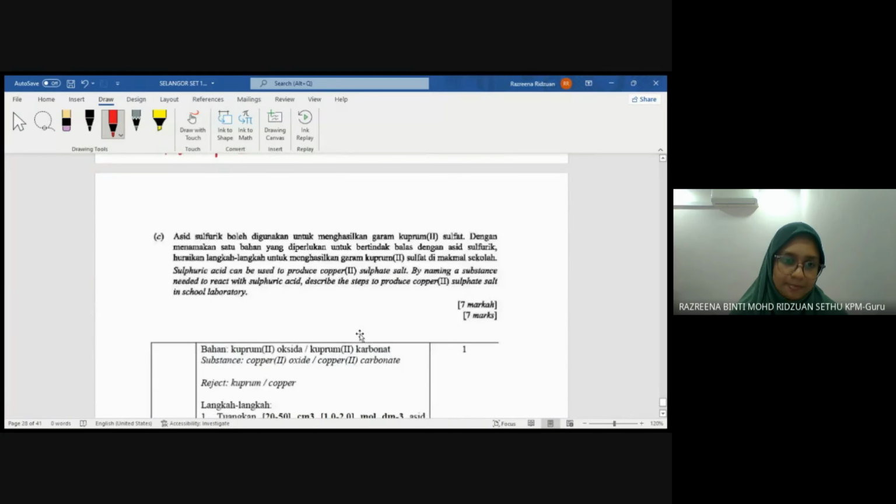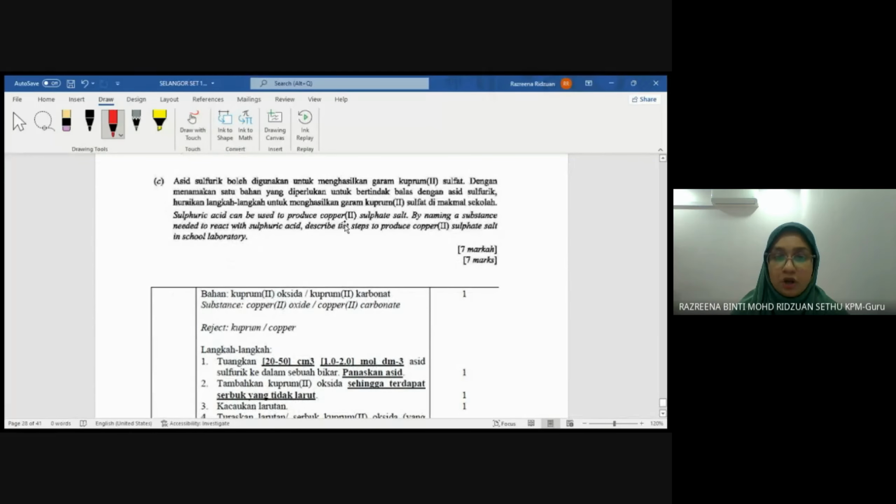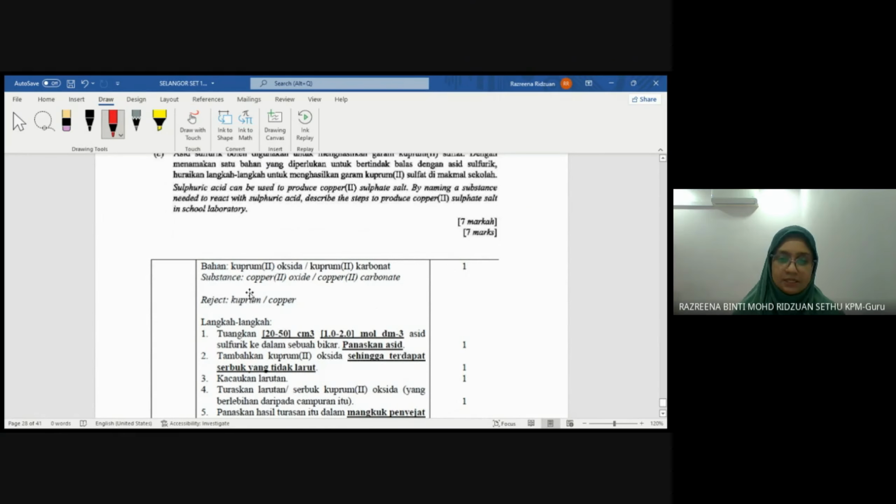Okay, next C. Sulfuric acid can be used to produce copper 2 sulfate salt. By naming a substance needed to react with sulfuric acid, describe the steps to produce copper 2 sulfate salt in school laboratory. This is 7 marks. So from here, you just list down the substance that you want to use, which is copper 2 oxide and copper 2 carbonate, because you want to make copper salt.